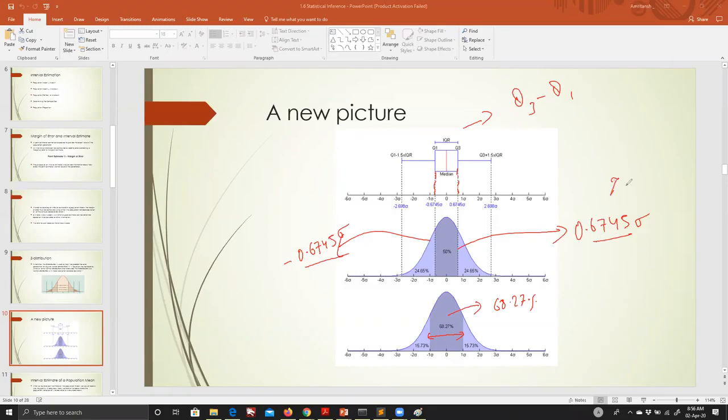This is called a Z value. Whenever you write your interval estimate, it should be in this form. Of course, this sigma is the population sigma, not the sample one. The problem is, how do you come to know the Z value?